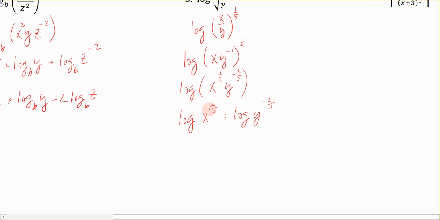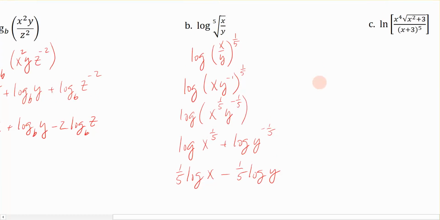And now we apply the exponent rule, which allows me to bring that exponent down in front. 1/5 log x minus 1/5 log y. And that's the expansion of what we started with right here. The key to this one is just to change the argument out of its radical and put it in its rational form. And then you still have to remember those rules of exponents that allow me to simplify this argument even further.